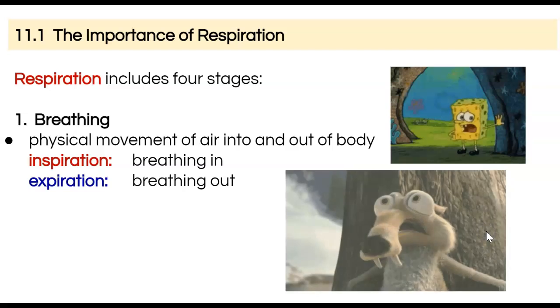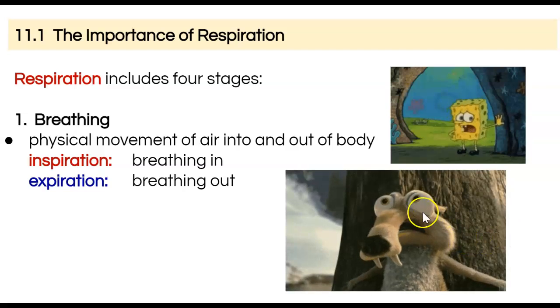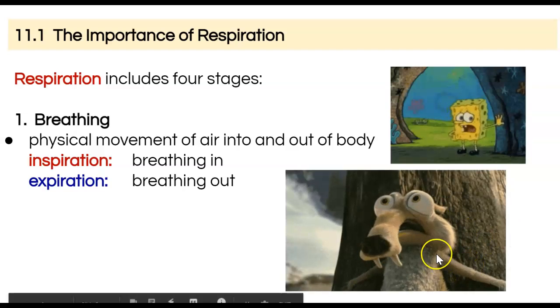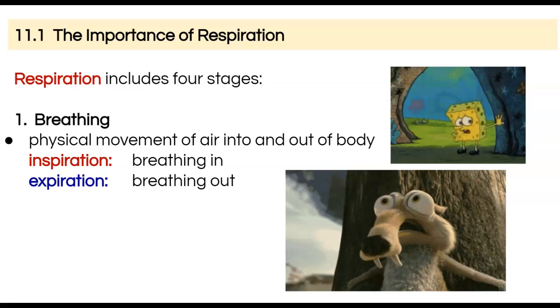And so, I really liked this animation because it sort of shows how, well, why is this character breathing heavily? Well, it looks like he's hiding behind a tree trunk and maybe running away from something. And so our animal body has evolved to breathe more heavily in times of stress.